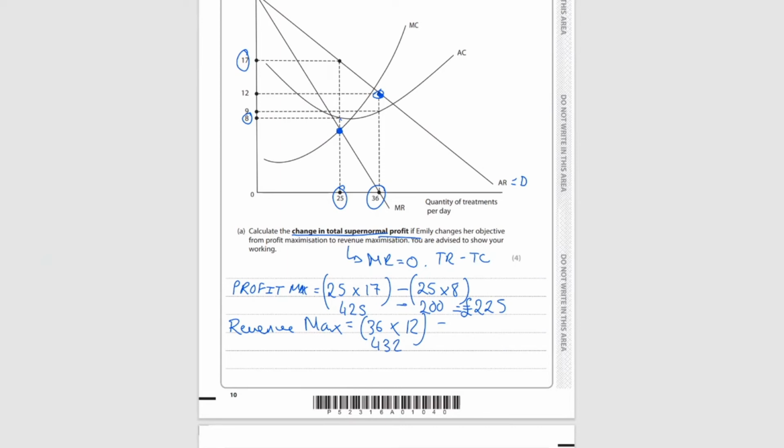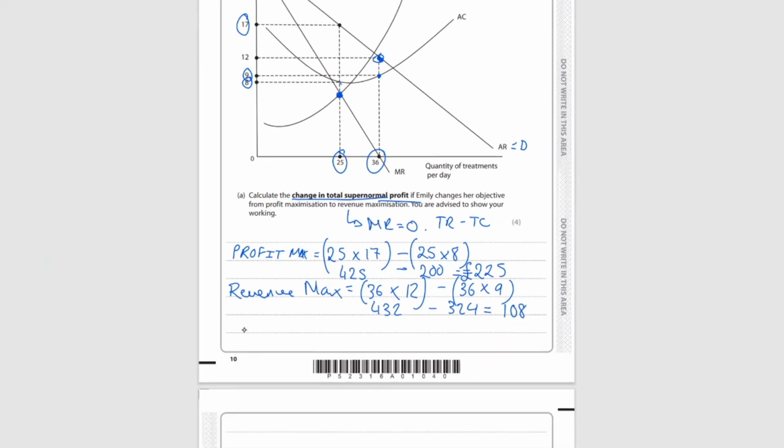And then minus the costs. So we go up to the average cost curve, across to 9. So again, it's going to be 36 times 9, which gives you 324. So for revenue max, 432 minus 324 is 108.